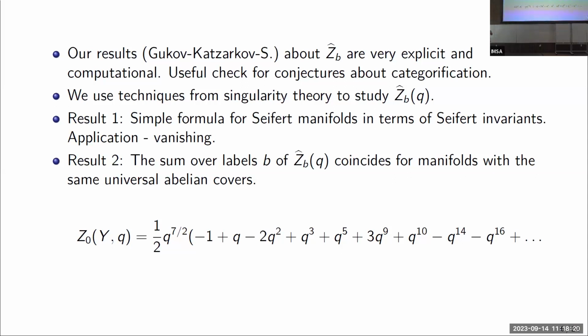So they are basically quotients by different finite groups of the same manifold. And we found and proved that a certain combination of these Z-hat invariants, it's actually just the sum over the labels B, coincides in this case, up to some scaling.